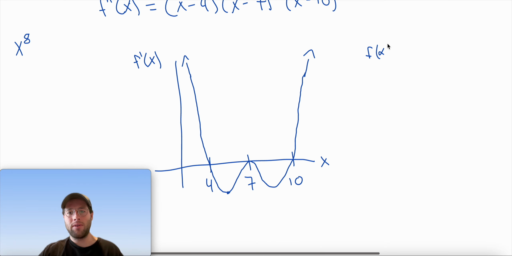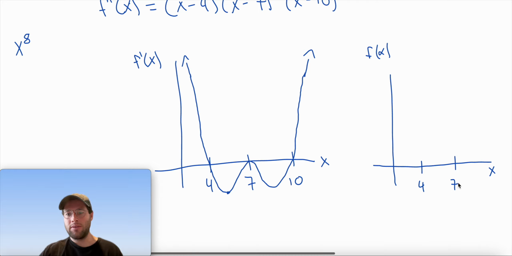So f of x, let's go ahead and make a rough sketch of that. I'm going to say x equals 4, 7, and 10. Now, looking at f prime of x, to the left of 4, we have a positive slope, positive derivative. So that means to the left of 4 on f of x, our slope is going to be positive. So we're going to be going up.